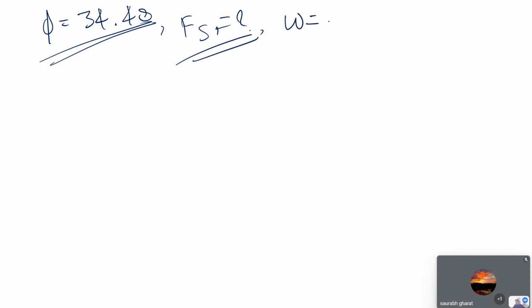So we need to find our w, the width of chip. W is equal to d by sine of phi. The angle is 75, because it is mentioned here.